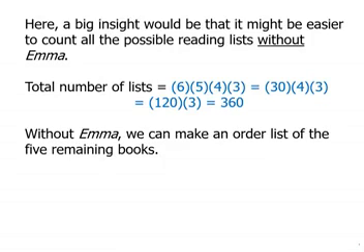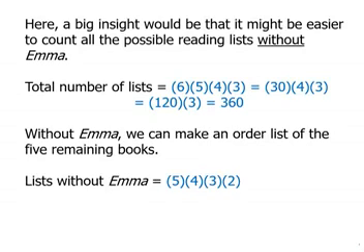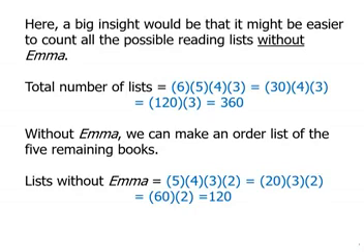Without Emma, we can make an ordered list of the 5 remaining books. So for the first book, I'd have 5 choices. For the second book, I'd have 4 choices, then 3, then 2. 5 times 4 is 20, times 3 is 60, times 2 is 120.